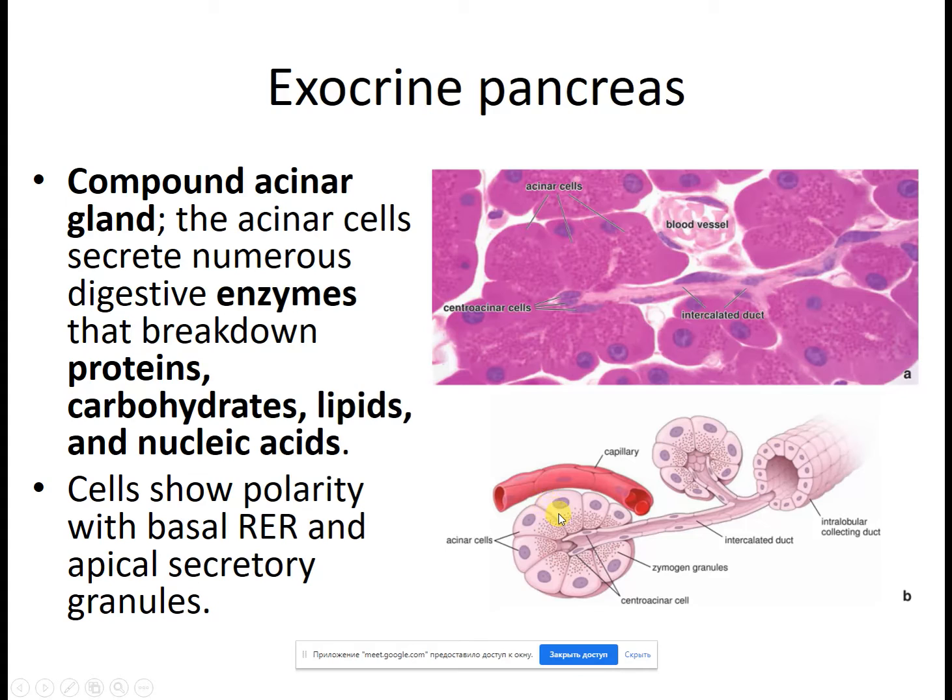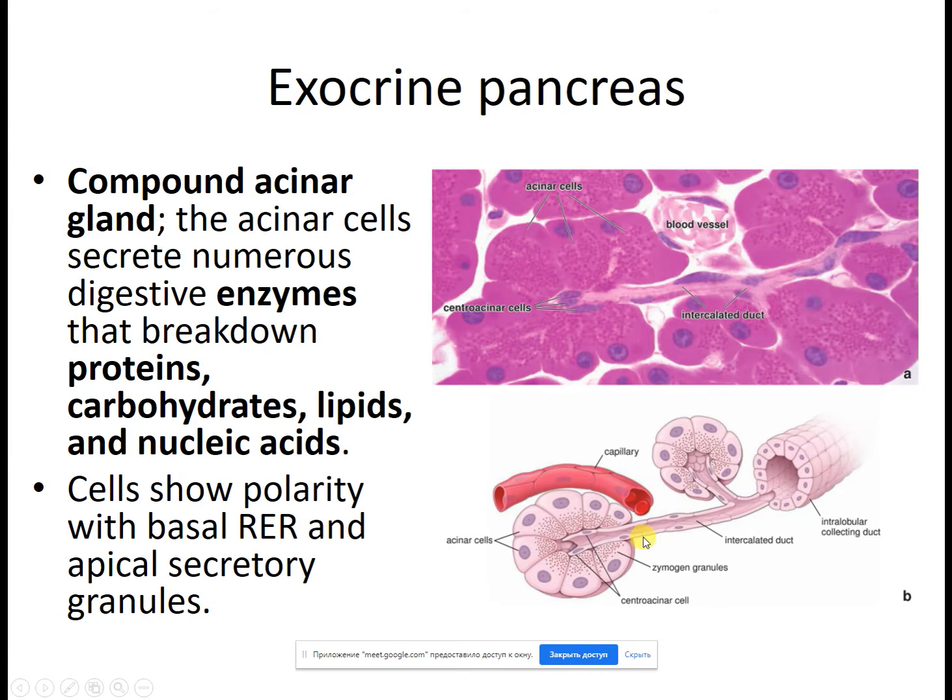They're typical acinar cells, very thick, with a lot of rough endoplasmic reticulum inside, because enzymes are proteins. Again, enzymes are proteins, and they require very abundant rough endoplasmic reticulum. This abundant rough endoplasmic reticulum produces enzymes into the duct known as the intercalated duct. This is a small duct, and then all these intercalated ducts influx into the collecting duct.